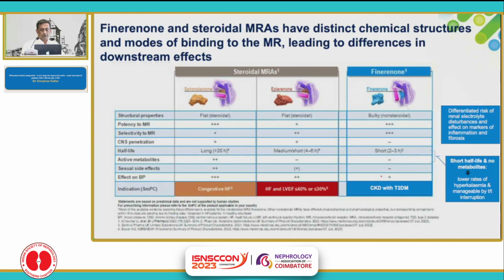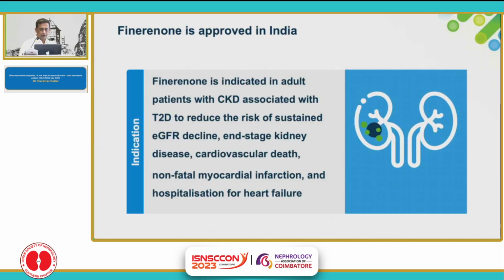There are no active metabolites, and there are no sexual side effects on its usage. And the effect on BP is supposed to be minimal. So differentiated risk for renal electrolyte disturbance and effect on the markers of inflammation and fibrosis. Short half-life, if there is hyperkalemia, you can stop the treatment and hyperkalemia gets corrected. So these are the advantages of finerenone.